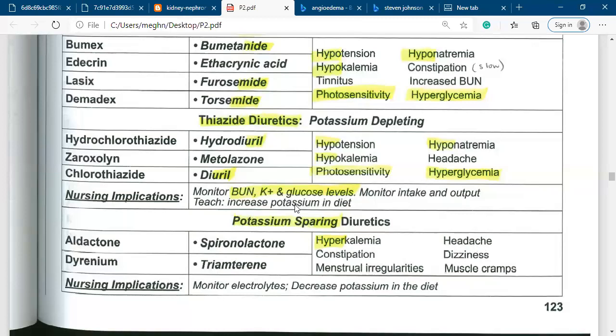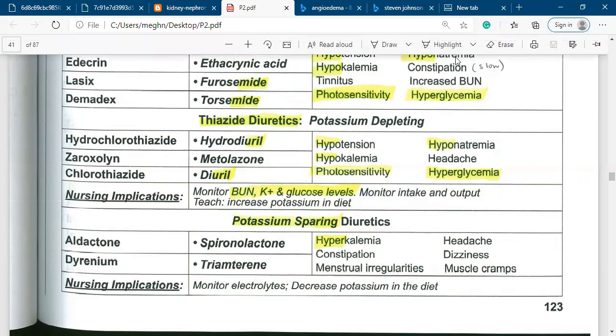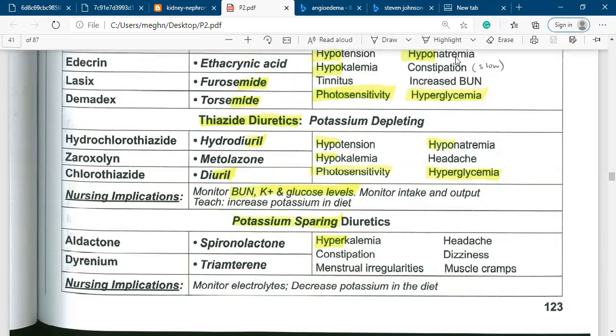So in case of potassium sparing, what we have to know: monitor the electrolytes, same as the others. We have to educate the patient to decrease potassium-containing food, opposite of these two. So I believe that is more than enough for diuretics.